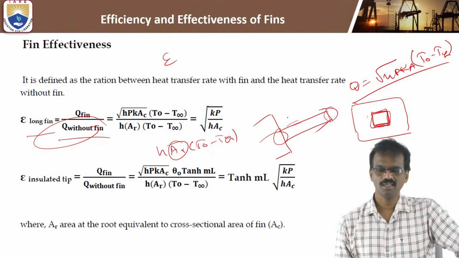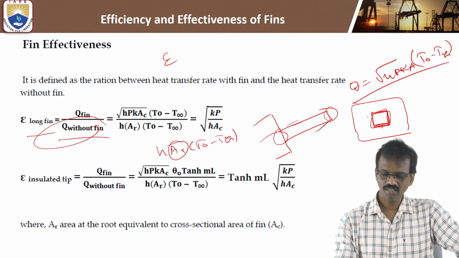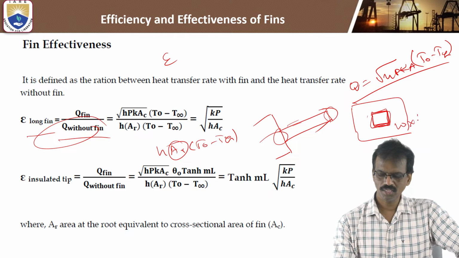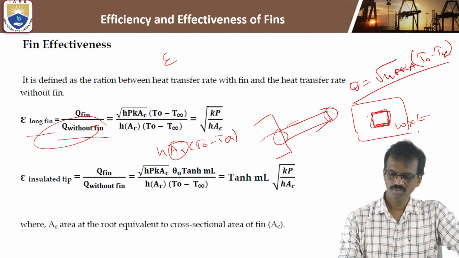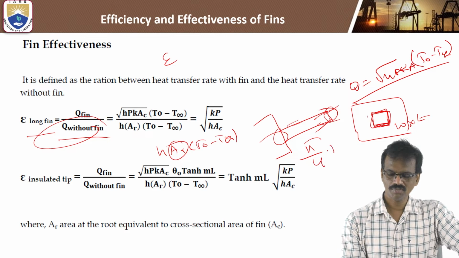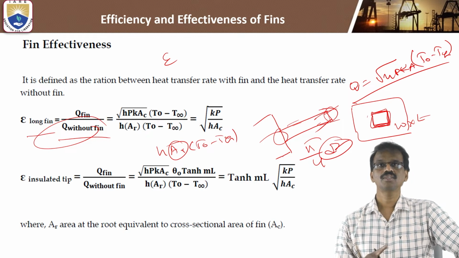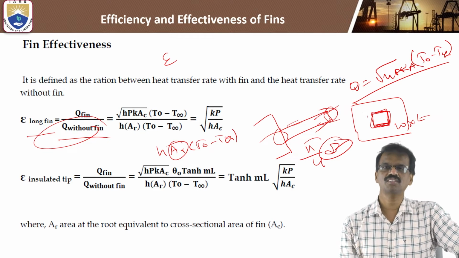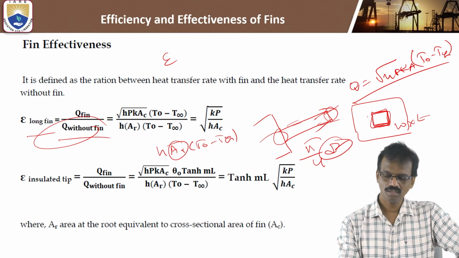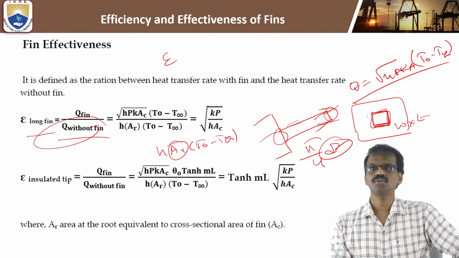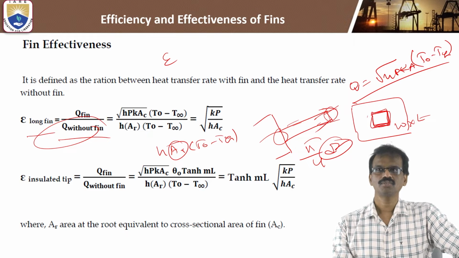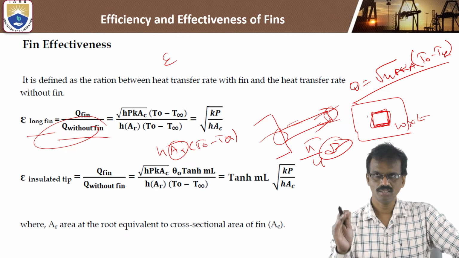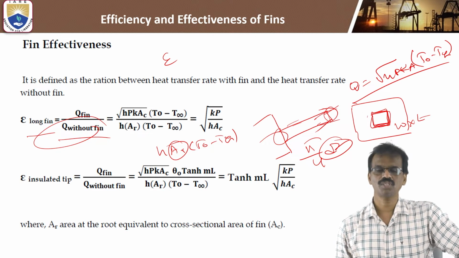This end area is equal to w times t for the rectangular fin, and the same for the circular fin, pi/4 d squared. In efficiency, that is different. In effectiveness, you have to consider what area is covered by the fin, which means the end area of the fin.